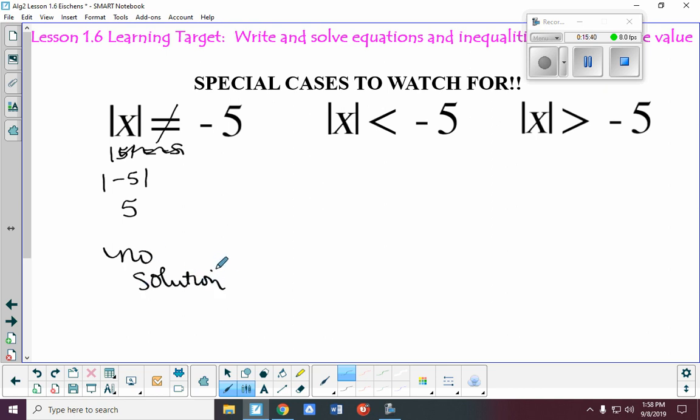The next one is similar. Absolute value is positive, so it's never going to be less than a negative number. Now, in this next problem, if you take the absolute value of any number, it's positive. Positives are all greater than negative 5, so this would be infinitely many solutions.